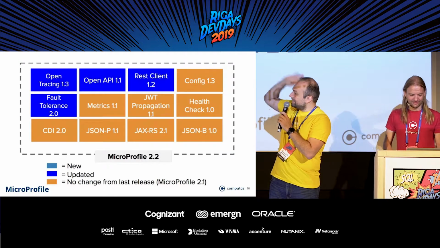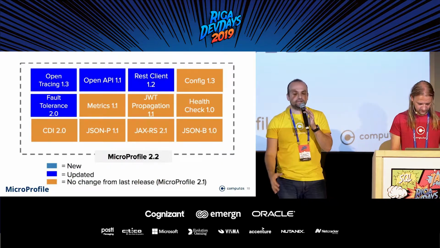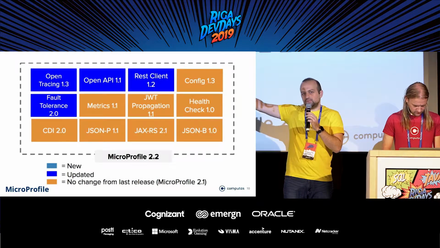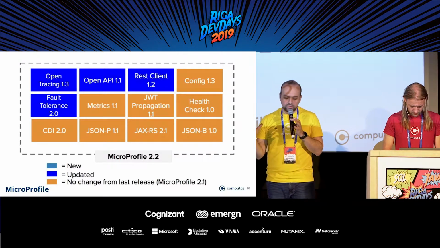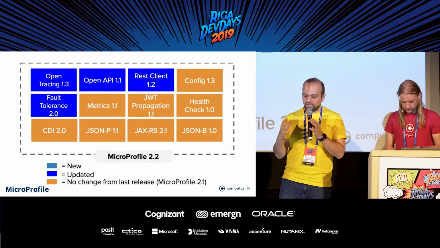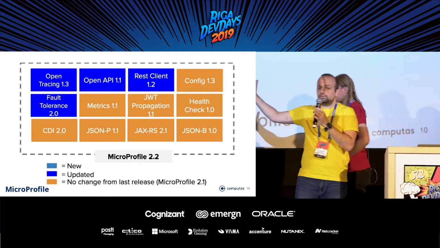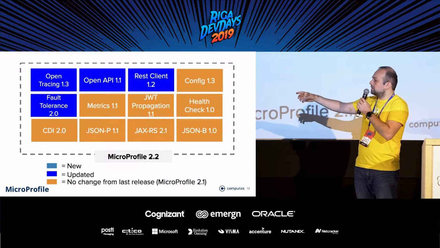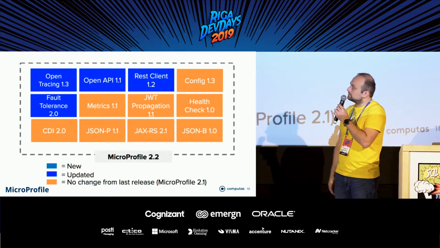Okay, back to MicroProfile. MicroProfile consists of a few building blocks, and most of those things you'll have seen before. Then you put them together. In each version, there are things that will be changing. Some things will be new, some will be updated, and some don't have any changes.